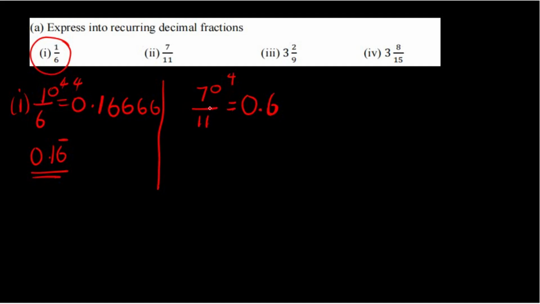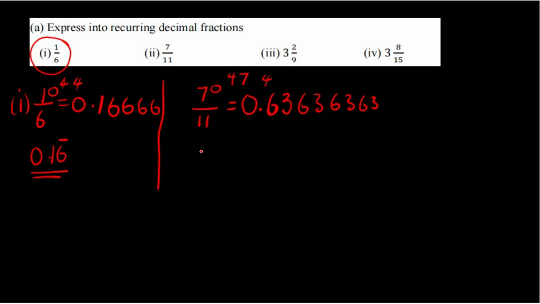Remember 7. Then do the same thing: 11 into 70 is 6, remember 4. So it will keep moving like that.